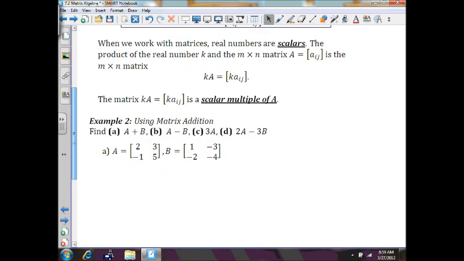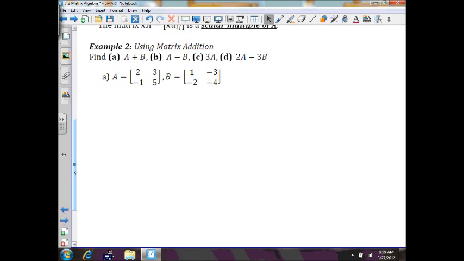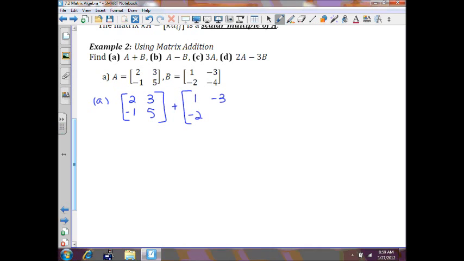So if we look at example 2a here, we need to find a plus b, a minus b, 3a, and 2a minus 3b. For part A, we have a plus b, so we're going to take matrix 2, negative 1, 3, 5, plus 1, negative 2, negative 3, negative 4.